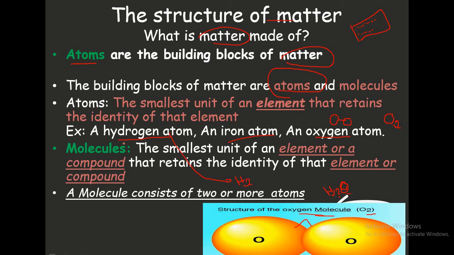So what is meant by molecule? A molecule is the smallest unit of an element or compound that retains the identity of that element or compound. Any substance, either element or compound, consists of molecules, and molecules consist of atoms.